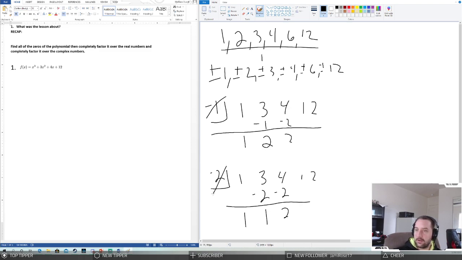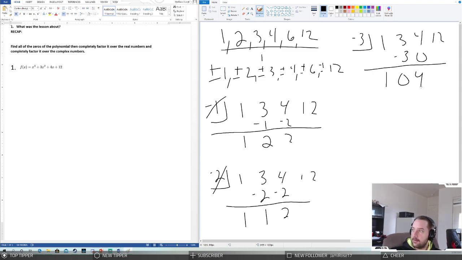Let's try negative 3. Add straight down, multiply, add, multiply, add, multiply, add. So that does work. So that means doing this division with my 0, it's x plus 3.